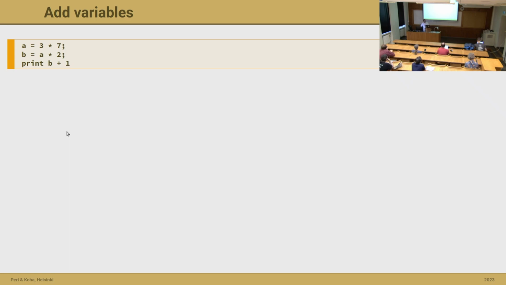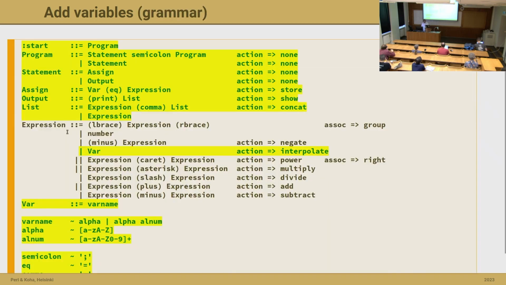And it's true for variables as well. So we'll introduce variables, and we'll introduce a print command to show the output. And again, it's rather easy. So we'll now have not just an expression, because we can have several expressions. We'll have a program.